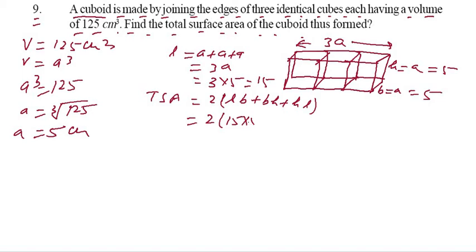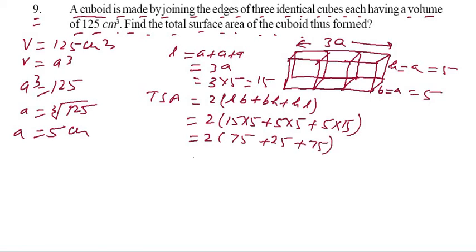So 15 into 5 plus 5 into 5 plus 5 into 15. So 75 plus 25 plus 75, that is 175. So 2 into 175 is 350 centimeter square. So that one is your answer.